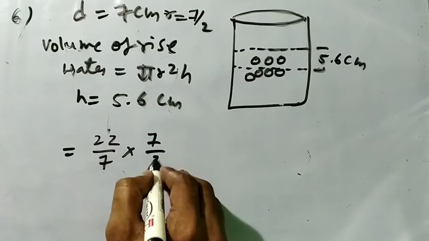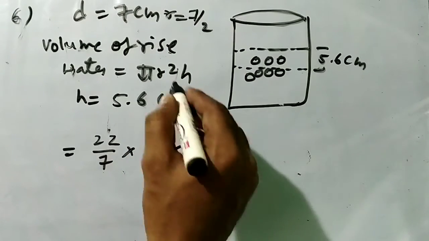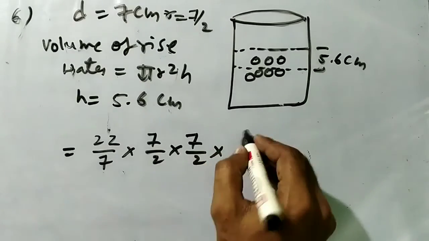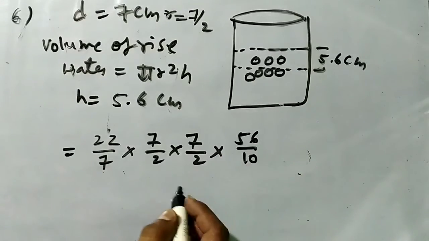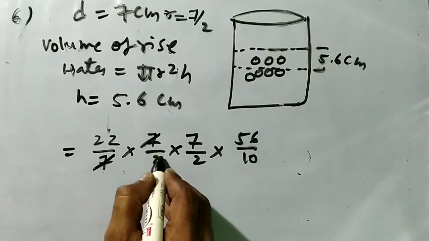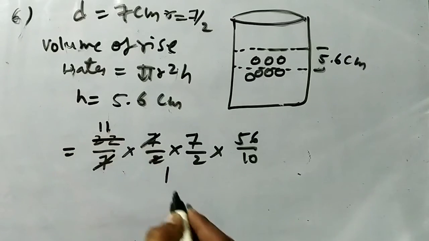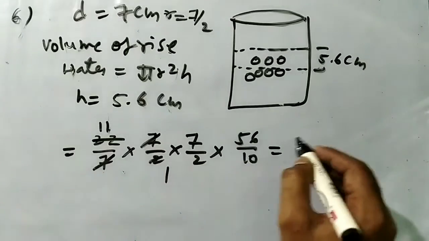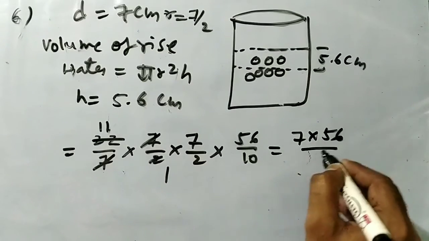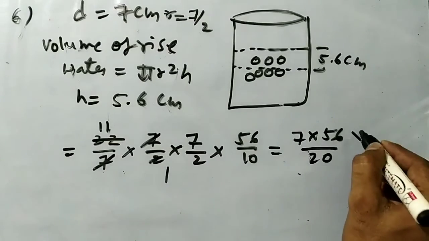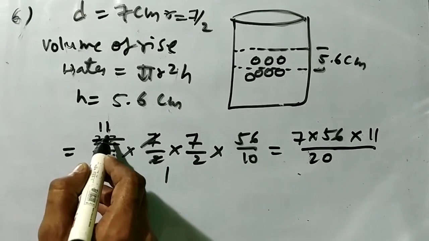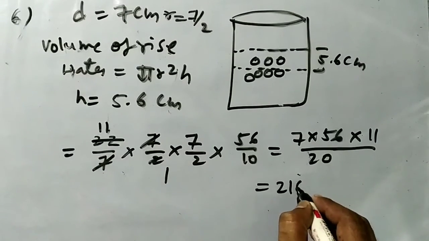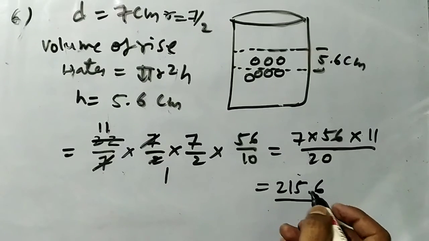So 7 by 2 into 7 by 2 into h, which is 5.6, or 56 by 10. Here 7 gets cancelled, 2 ones are 2 elevens. Let's leave it as it is. So 7 into 56 by 20 and 11 into 11, because the 11 is left above. Here we get 215.6 as the volume of the rise.